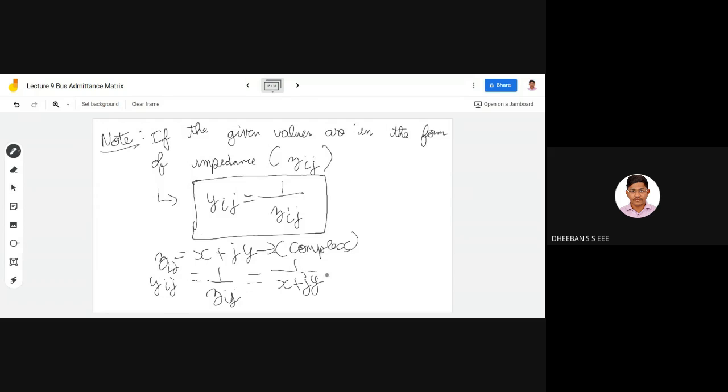If it is in this form, you have to take the conjugate: x minus jy divided by x square plus y square. After taking conjugate, you will be getting this. I hope you know how to take conjugate.